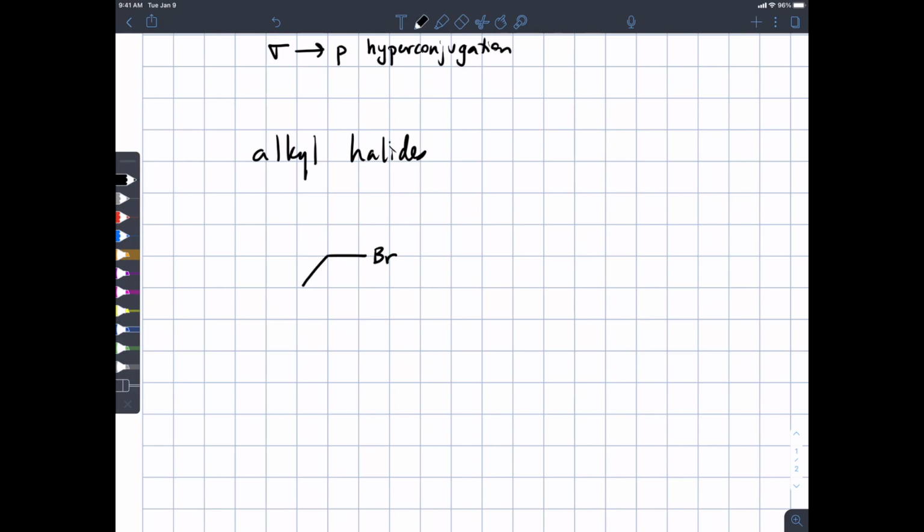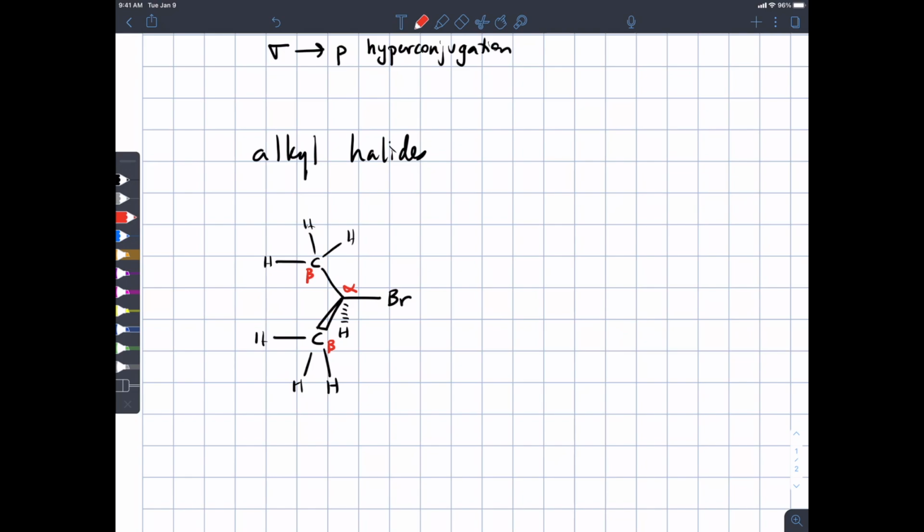And then let's have two adjacent carbon-carbon bonds, and in this simple example, let's have them both be methyl groups. All right. So again, you have an alpha carbon, the one that has the leaving group, and then we have beta carbons.